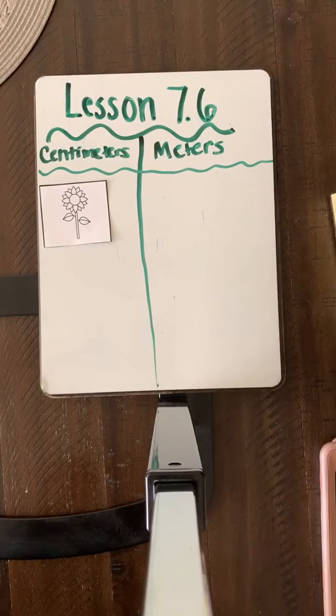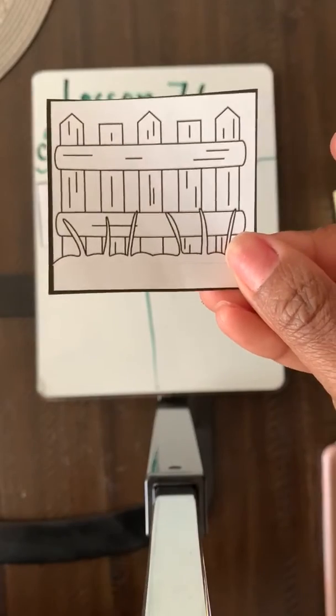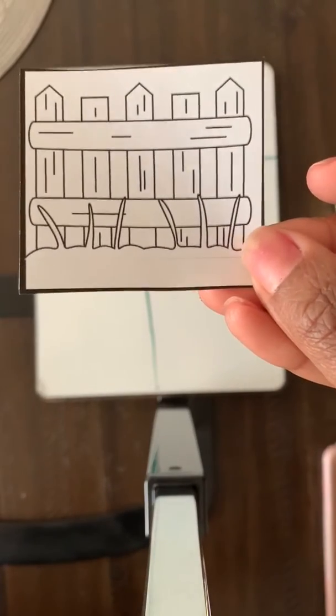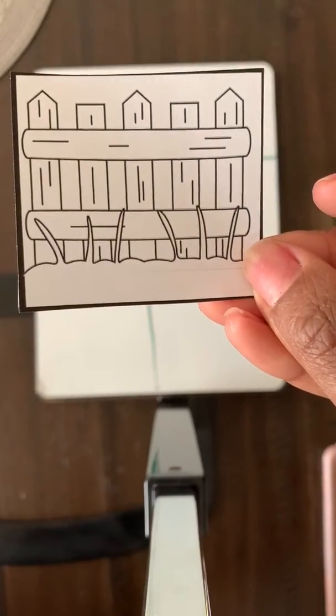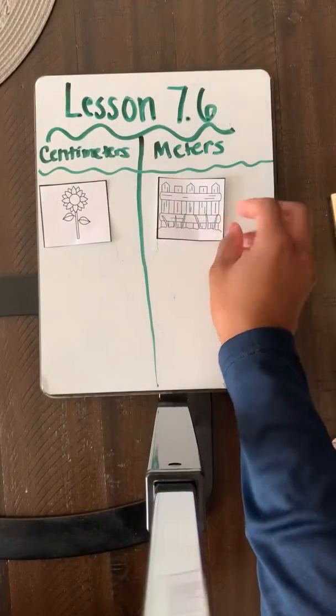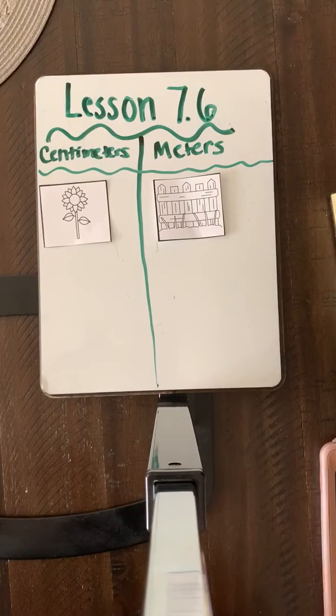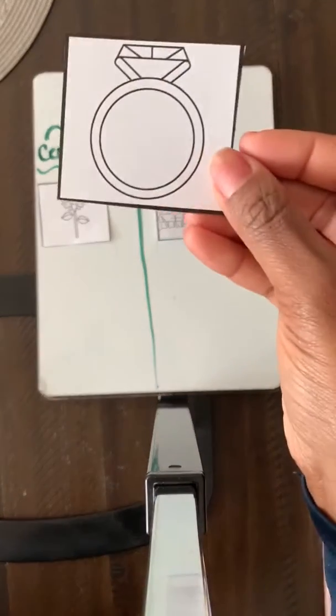Now, let's look at a fence. Would a fence be measured in centimeters or meters? What would be the quickest way? If you guessed meters, you are correct. How about a ring?